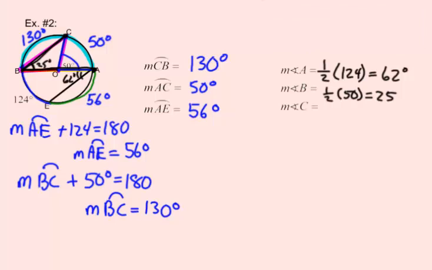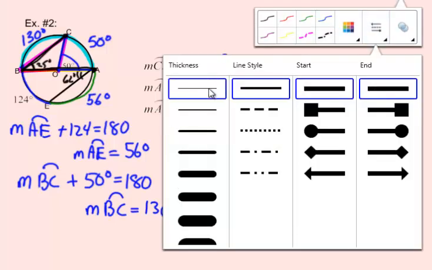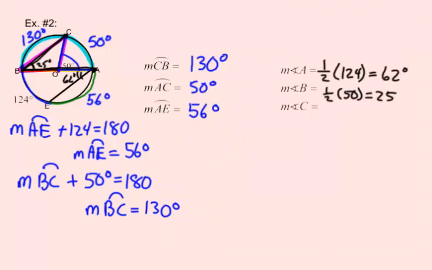I'm going to try to emphasize that triangle there. So this angle here, B, is 25. Now, this angle that I'm highlighting right now is a central angle. That's going to be the same as that arc, which is 130.